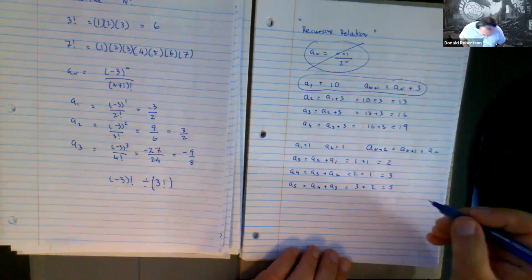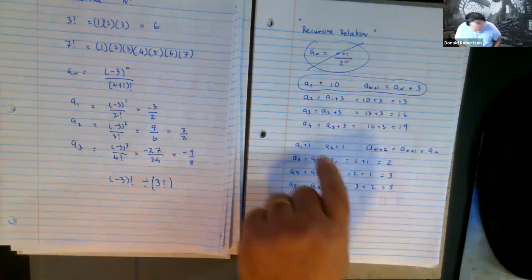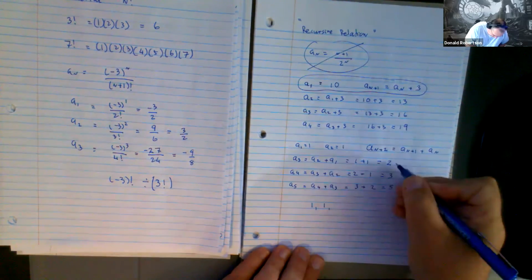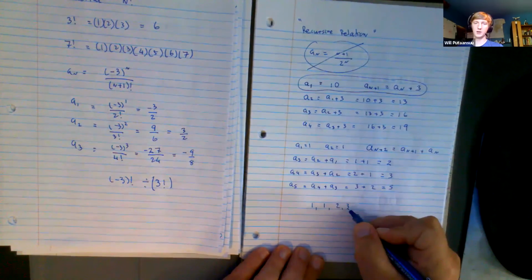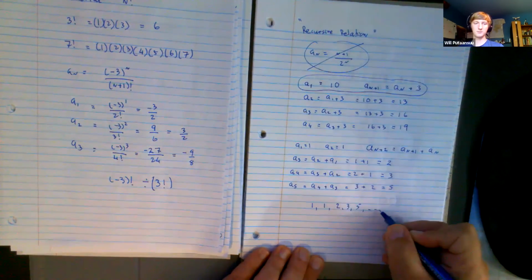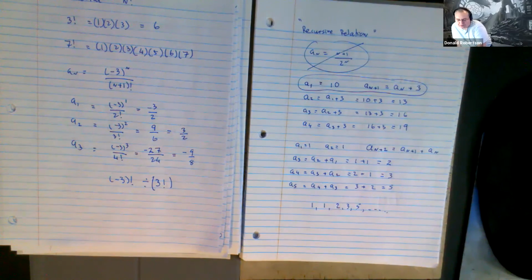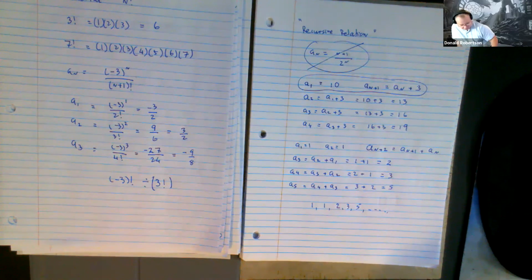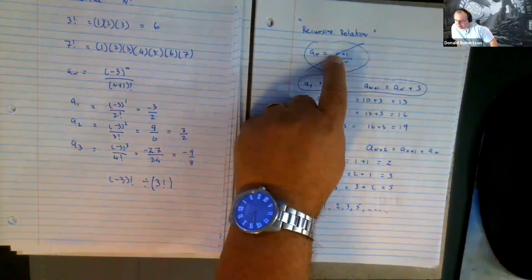Does anybody actually recognize what this sequence is? If I write it down, it was 1 and 1, and then it was 2, 3, and 5. It's the Fibonacci sequence, which is a very interesting sequence that appears in nature and all sorts of weird places. Now, can you realize that for this particular sequence, you don't have a formula in the way that we used to, right?